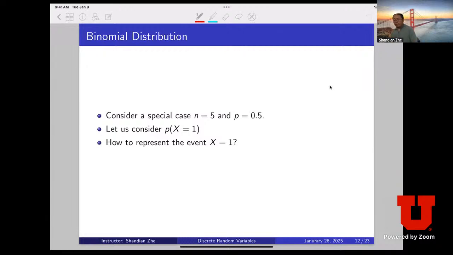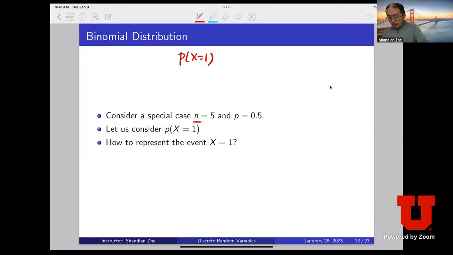Okay. So to show this, right, let us consider a special case. Suppose n is just 5. I toss a coin, I flip a coin for 5 times, and my probability of success is 0.5. And let us consider the probability that X takes 1, right?